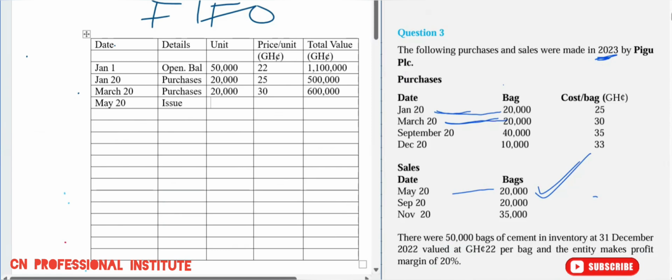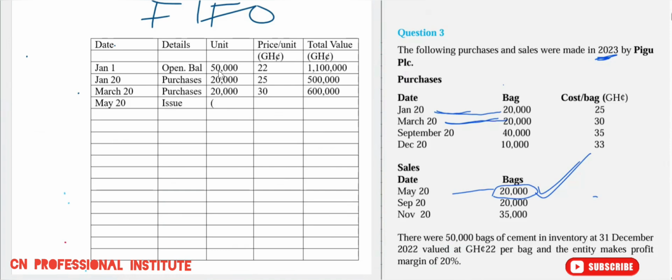Now, how many units are we selling? 20,000. Before the issue, we had an opening balance of 50,000 units. We added 20,000 units, and we also added 20,000 units. Now we are selling 20,000 units. We have to sell the opening balance first. That's FIFO.